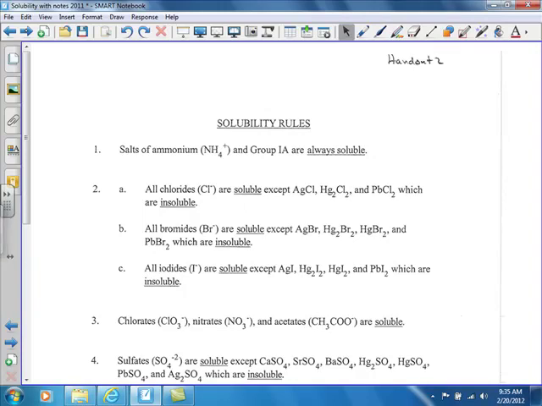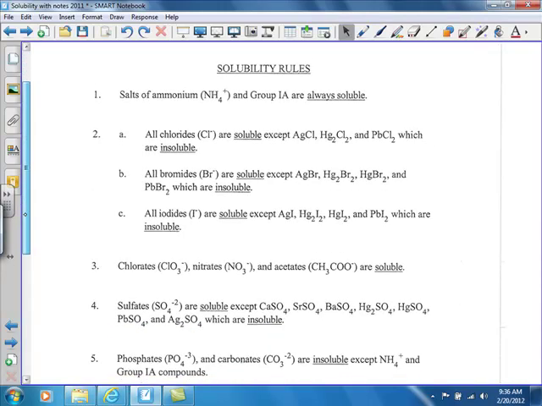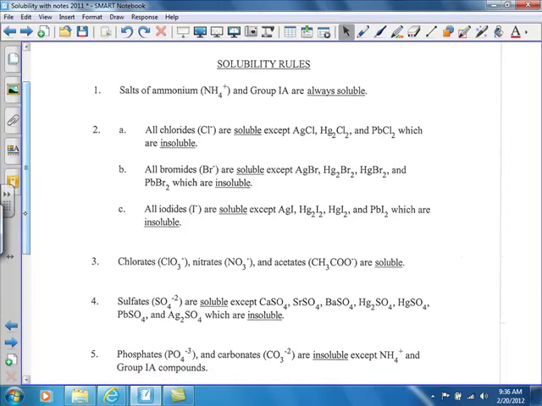In your packet, you have a chart called solubility rules. Okay, this is a chart you actually need to learn how to use. Okay, and in this chart, it gives you some general guidelines as far as what's soluble and what's not soluble. If you learn and memorize rule number 1, okay, that will help you about 80 to 90% of the time with what's soluble and what's not soluble.